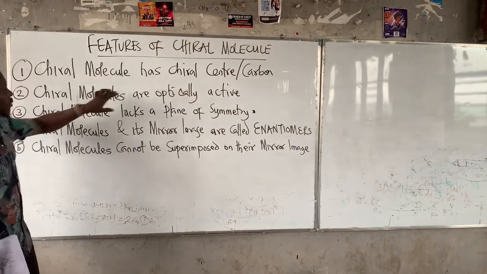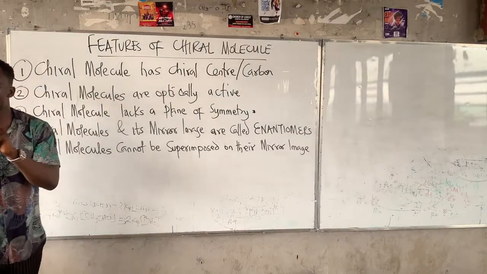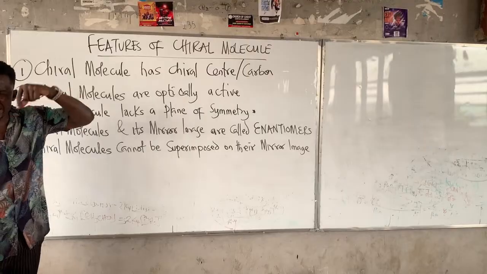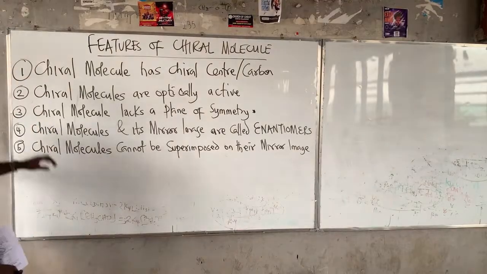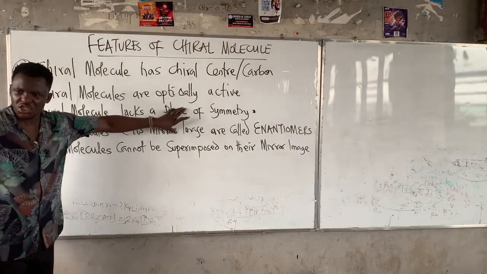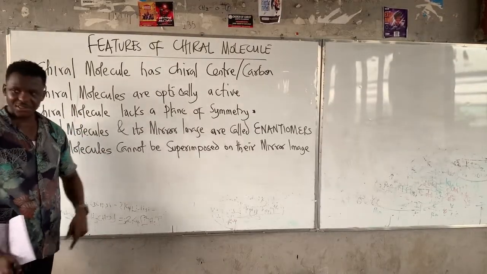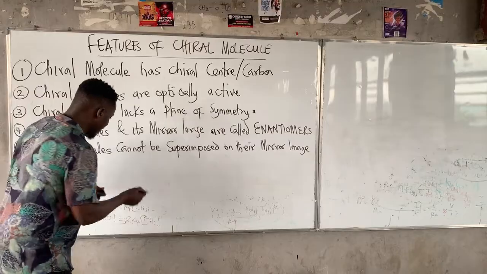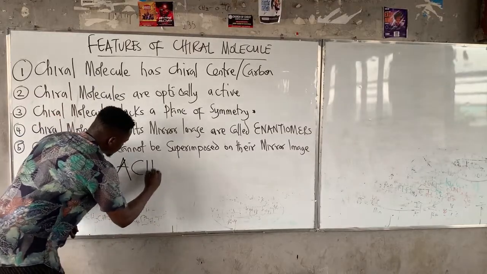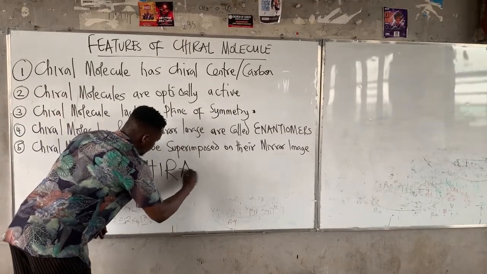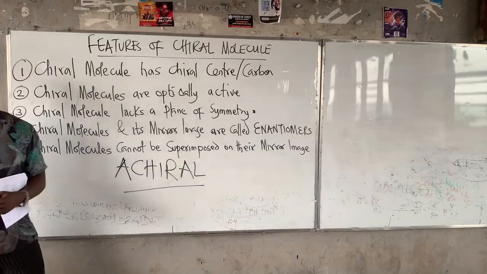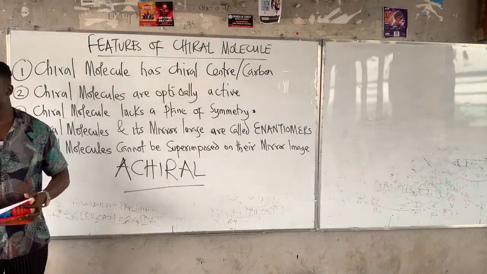Chiral molecules are optically active. Achiral molecules are optically inactive. Take note of that. A chiral molecule lacks a plane of symmetry. Achiral has one. So achiral is spelled A-C-H-I-R-A-L. Achiral is directly the opposite of what chiral stands for.